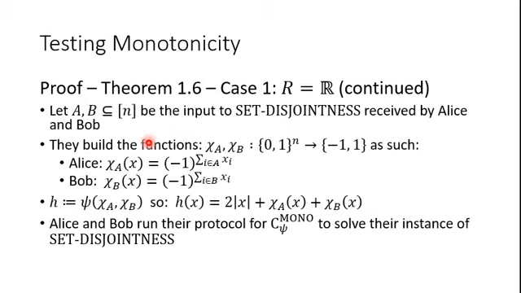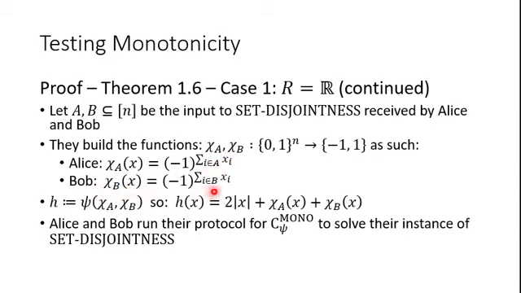So how will we do this? Let A and B be subsets of 1 through n, the inputs to set disjointness that Alice and Bob receive. What they do is build the functions chi-A and chi-B from {0,1}^n to {-1,1} as follows. We've actually seen this function very recently. Alice builds this one: (-1) to the power of the sum over the indices that she got, x_i.